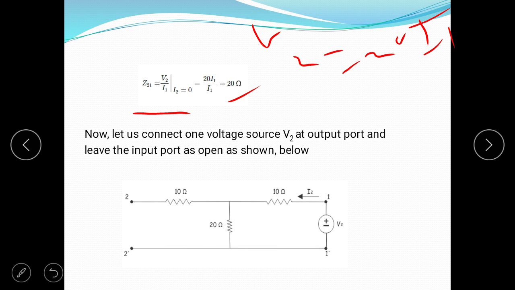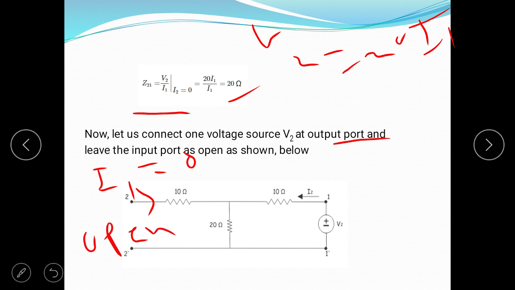Now let's connect one voltage source V2 at the output port and leave the input port open as shown below. So in this case I1 is equal to 0 because port 1 is open.